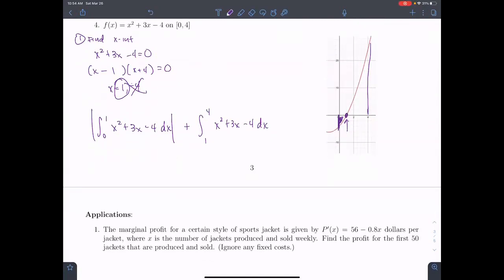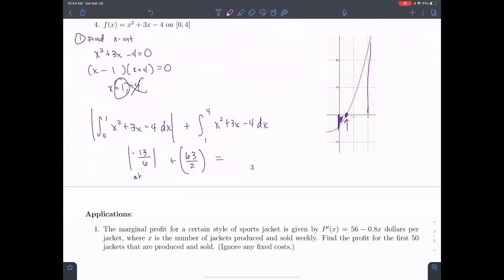So once you do this integral, you'll get 13 over 6, or negative 13 over 6, and you're going to take the absolute value of that, and then plus this guy. Once you do that, I have 63 halves. So then you're going to add those together.